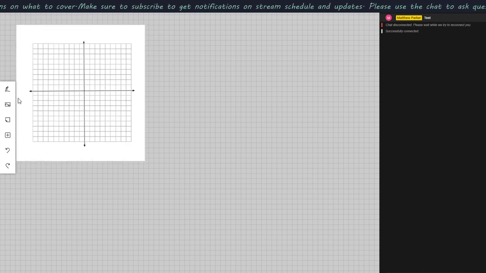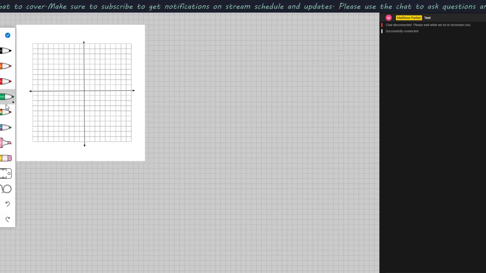There are ways to solve systems of equations. I'm just gonna label this systems in general, well, we'll just call it systems of equations, right?